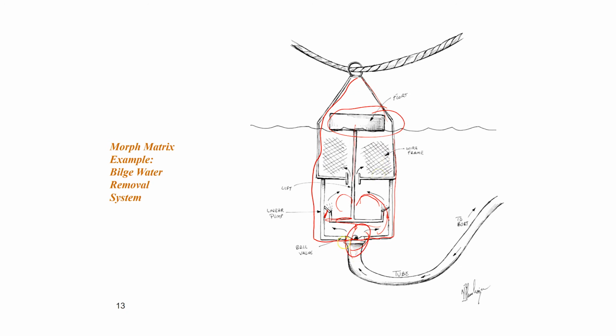And you can see the ball valve down here that is the suction valve. And I had a student once who actually found one of these and brought it and showed it to me. The actual one that he had was a lot skinnier, so it had an aspect ratio that looked like a bicycle pump.